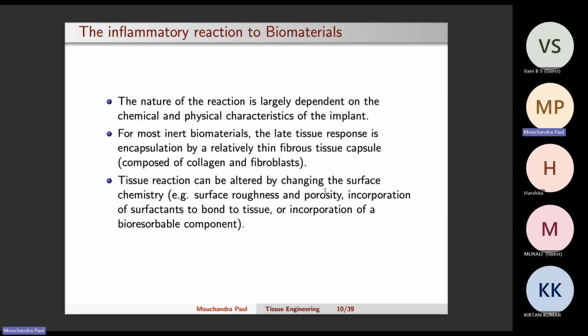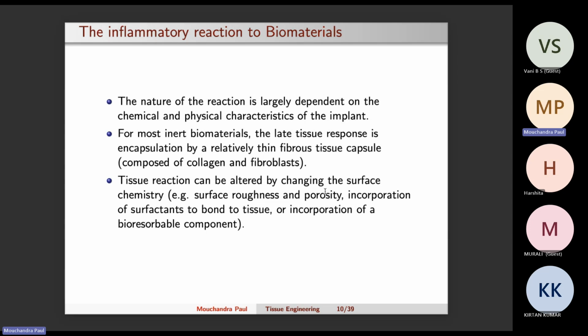So as I told you, the term implant here I am going to use for all the implants that really go into our body. For tissue engineering, we choose a biomaterial which can be absorbed, which can be degraded, so that you don't have to do an additional surgical step to recover it.